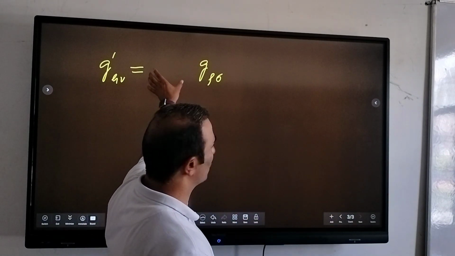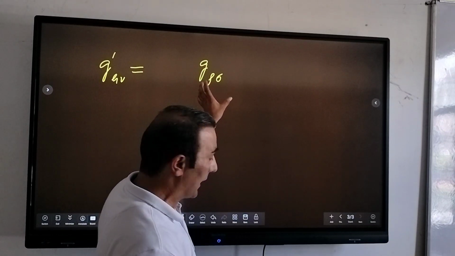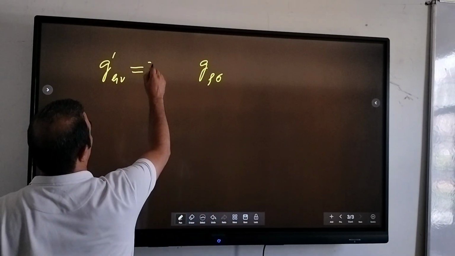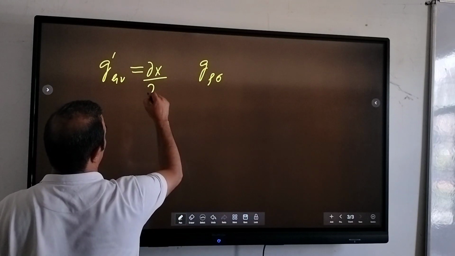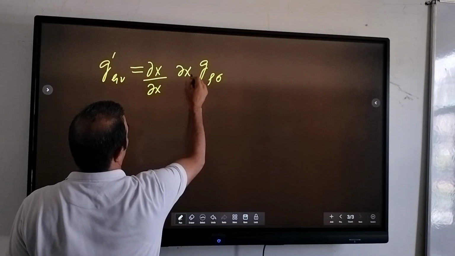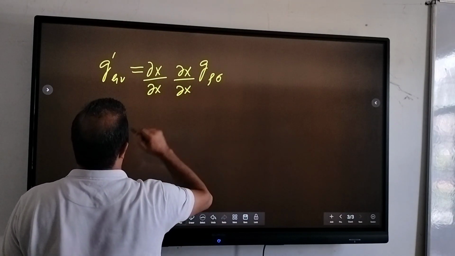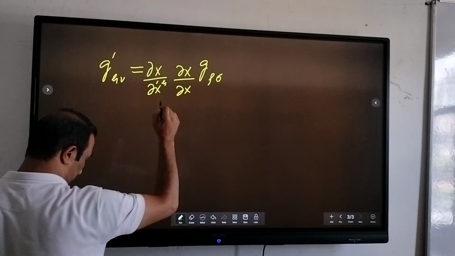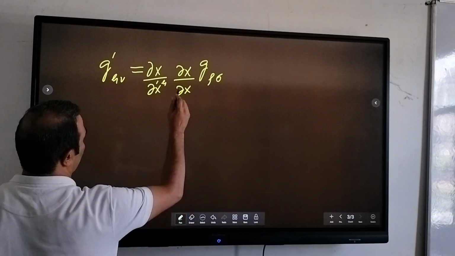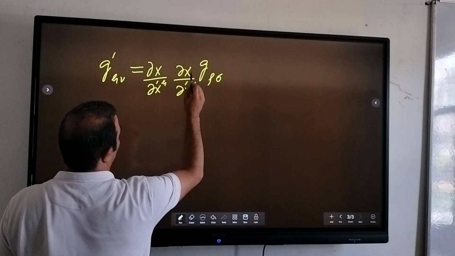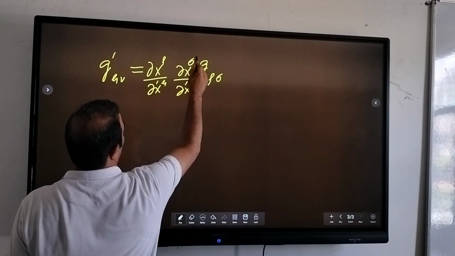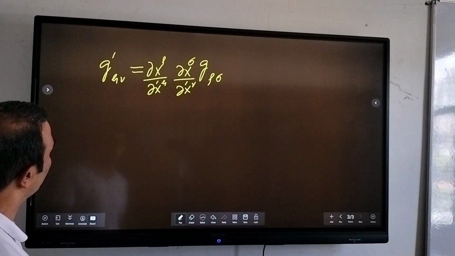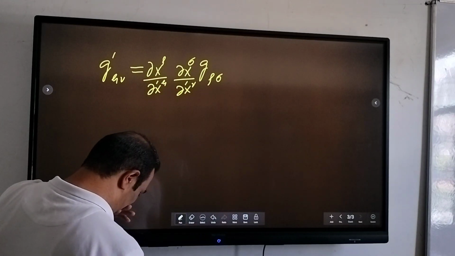So I need to write those transmission coefficients here, something like partial x by partial x prime mu, and partial x by partial x prime nu, with rho and sigma. So this is the equation.